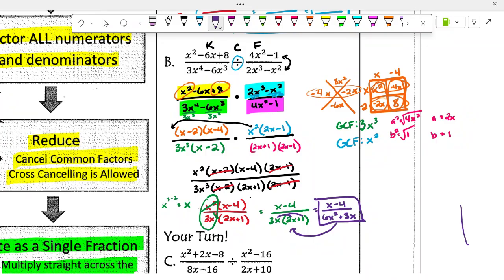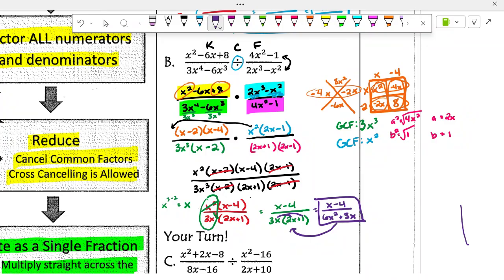So guys, work together. Split up the factoring. That will probably help. I'm just gonna write what I have written on my paper, which is the keep change flip. Should I write the keep change flip or should I write multiplication?